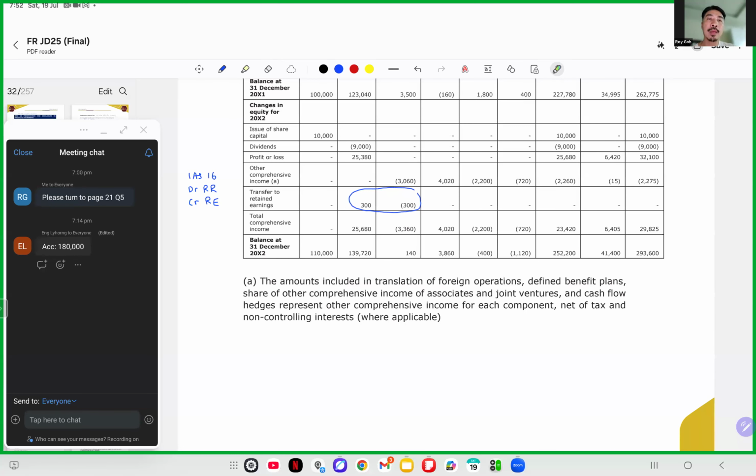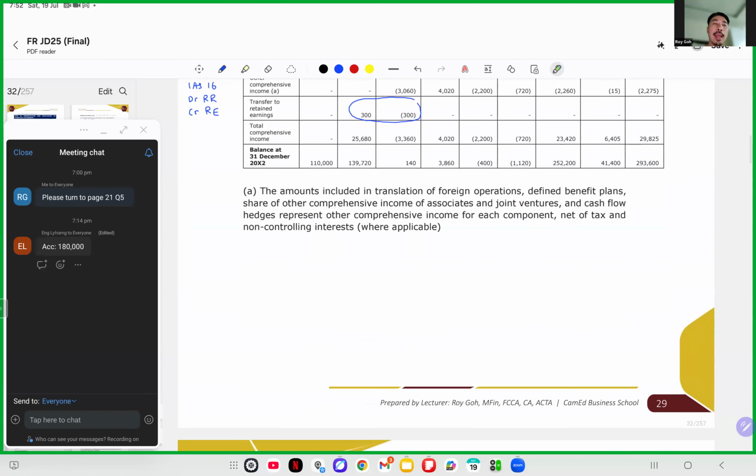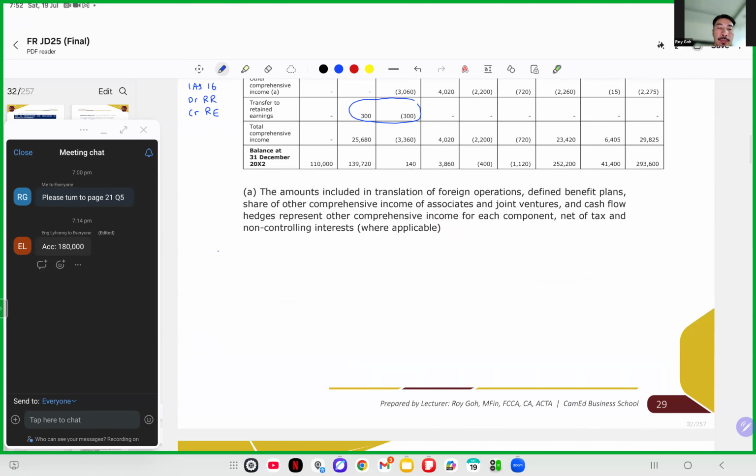So like I say, IFRS 18, take note, IFRS 18 teaches you how to present the financial statement, but they don't teach you how to measure. No, they don't. Whereas individual standards like IAS 16, they teach you how to measure your revaluation reserves.